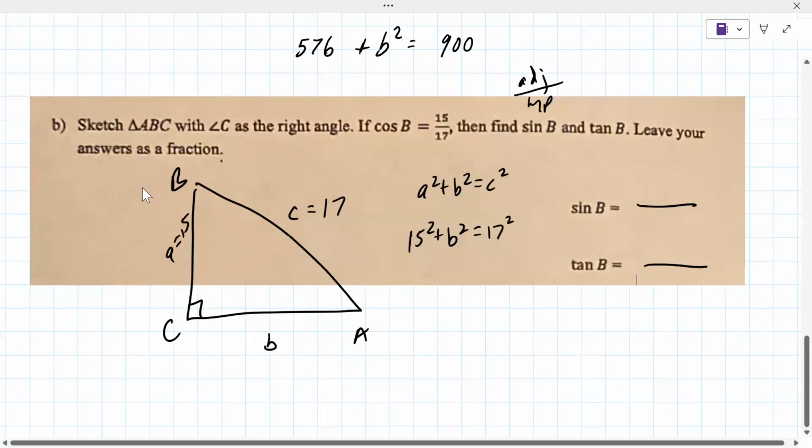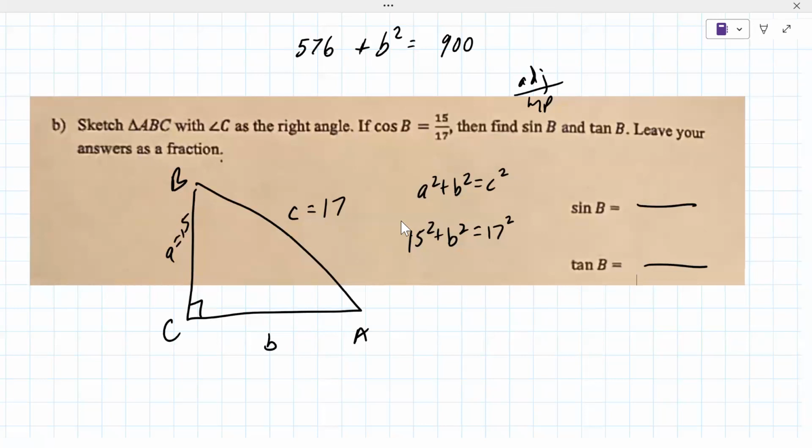It's best to use a calculator. 15 times 15 is 225. Plus b squared equals 17 squared.